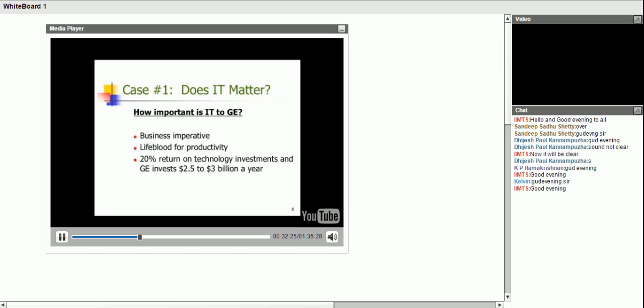In fact, a lot of the older managers, which is kind of good for young college grads, but the older people are afraid of technology. Well, this is about 10 years ago. I don't think we have any more older people holding CIO or CEO positions that aren't technology savvy. Everybody's technology savvy.